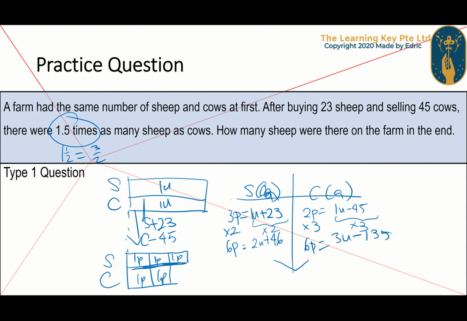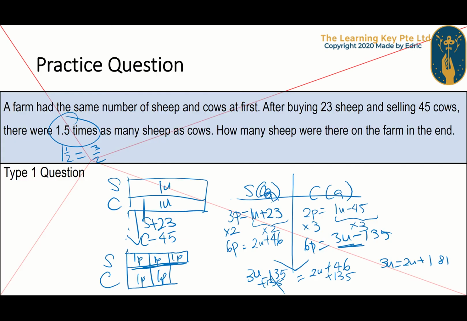I should put the 3 units here first because 3 units is bigger than 2 units. So 3 units minus 135 equals 2 units plus 46. Here I have to add 135, so it becomes 3 units equals 2 units plus 181.